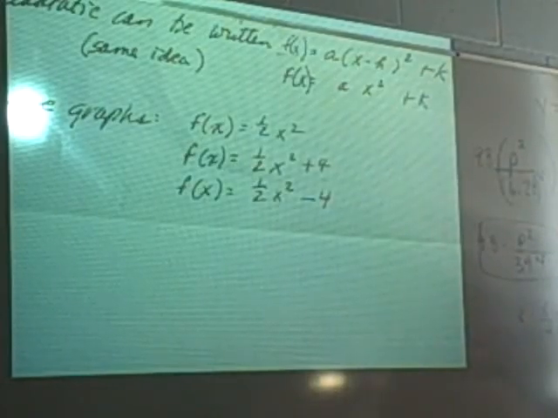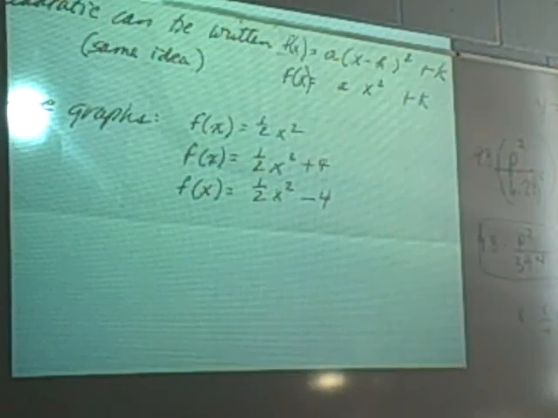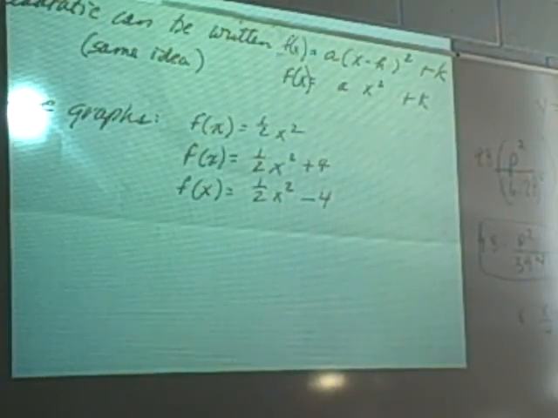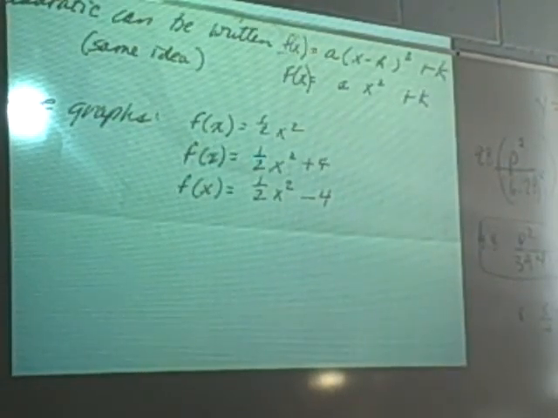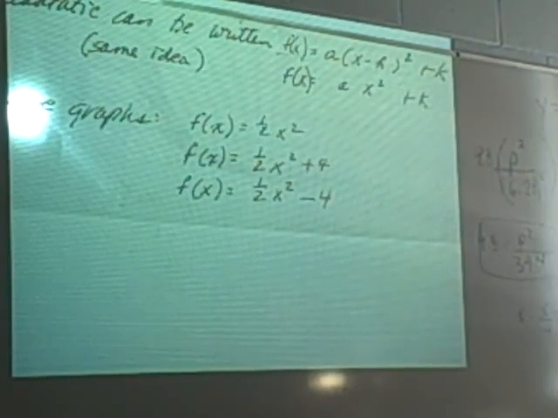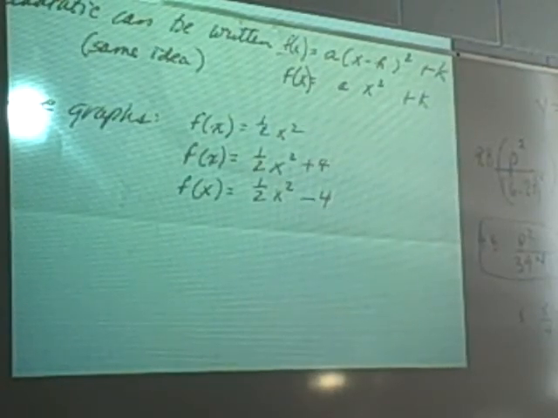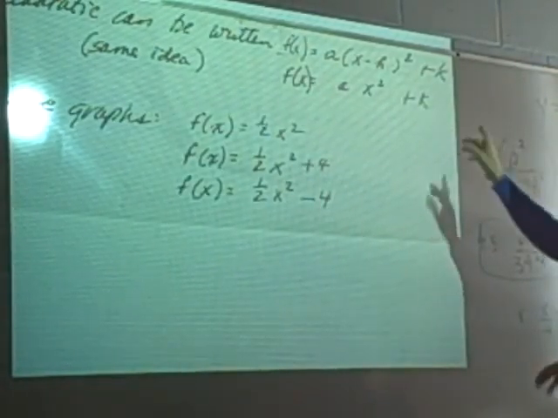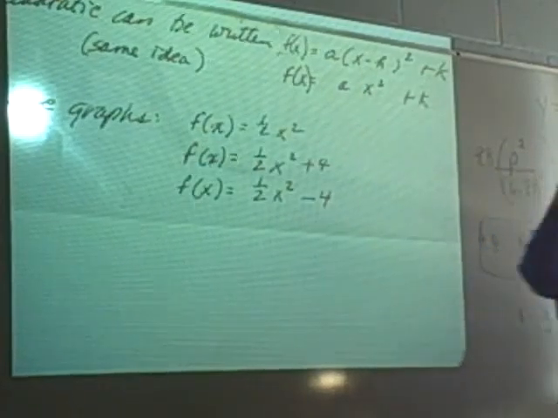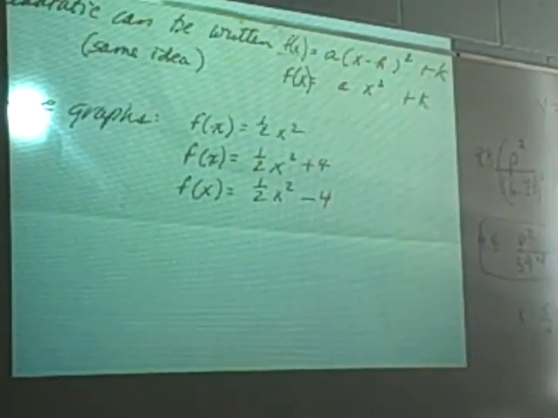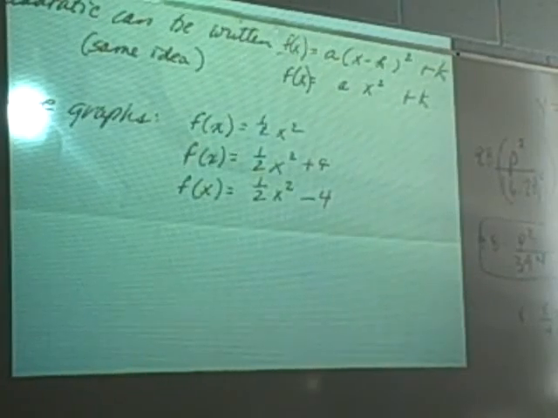Okay, so what we're going to be doing is exploring quadratic equations in various forms, and that's why I was saying tomorrow's lesson is going to be an important lesson, because we're going to be looking more in depth at this h, x minus h squared.